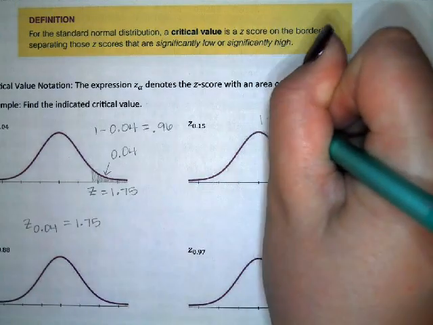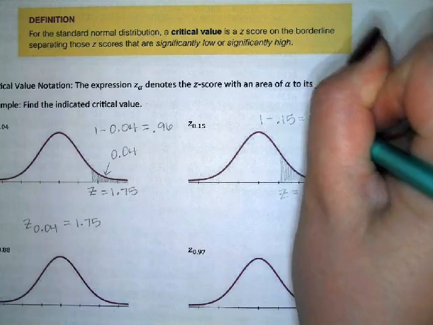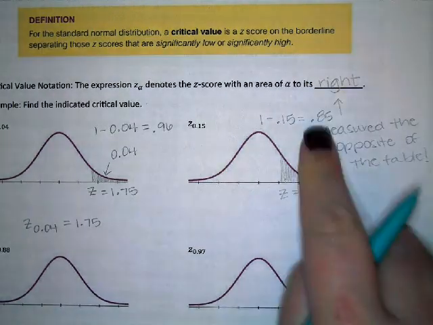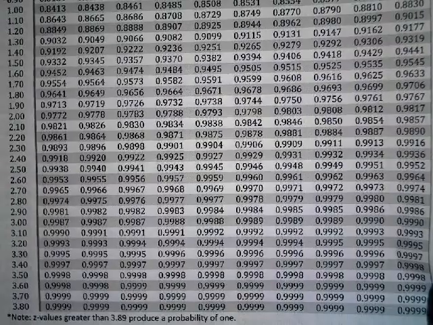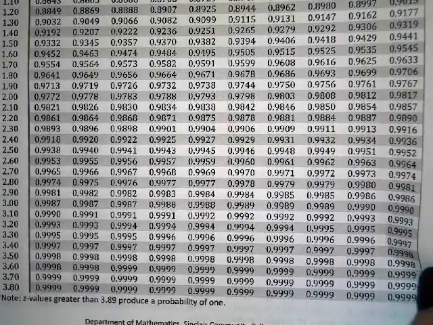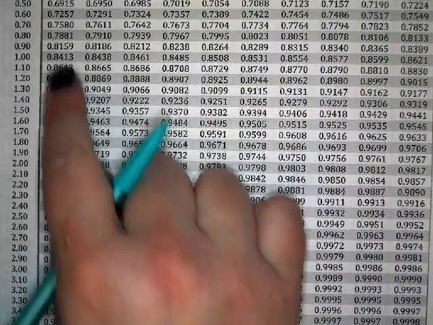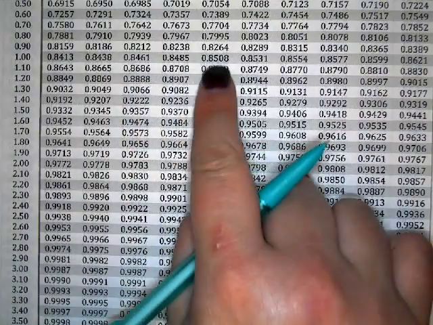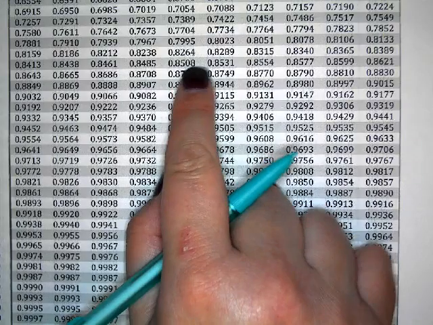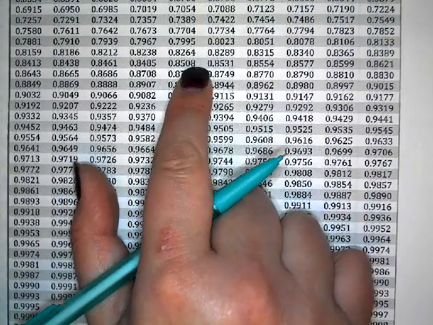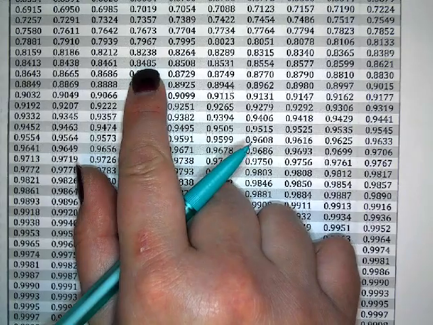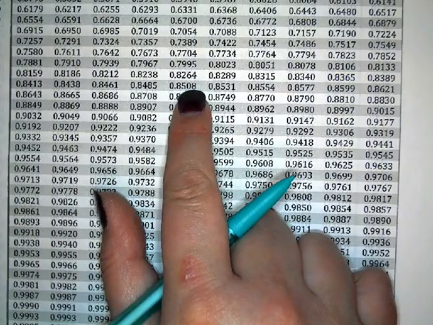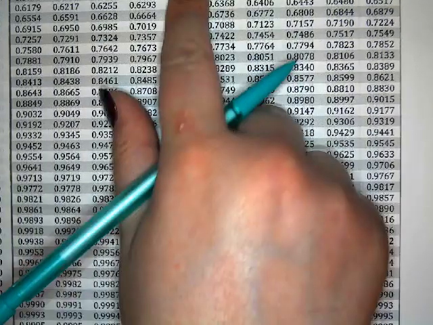Okay, so I'm going to take my table. Going to look for 0.85, 84, 8508. So this is 8/10,000ths off. 8485, that's 15/10,000ths off. And so this one would be closer. So I've got 1.04.